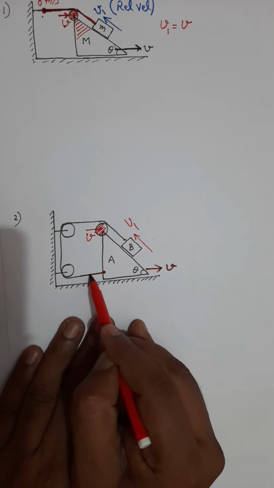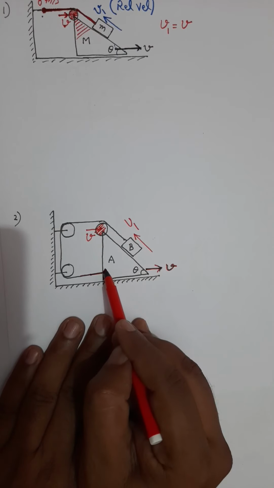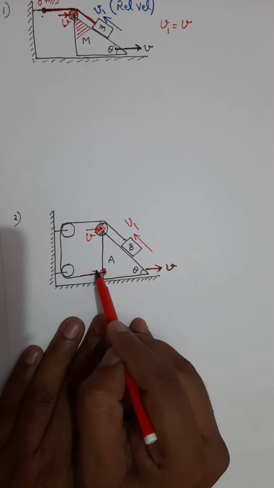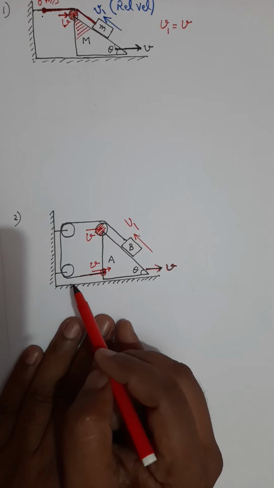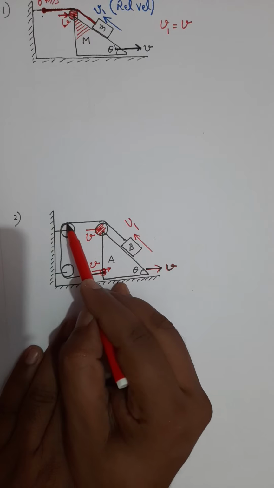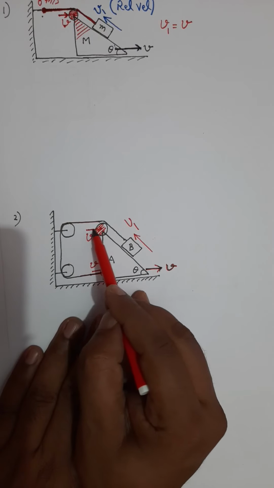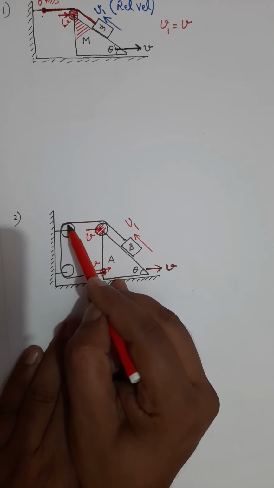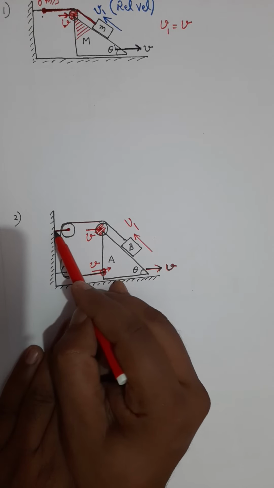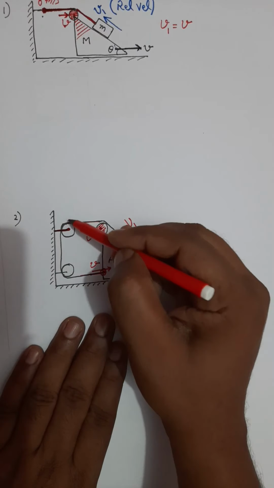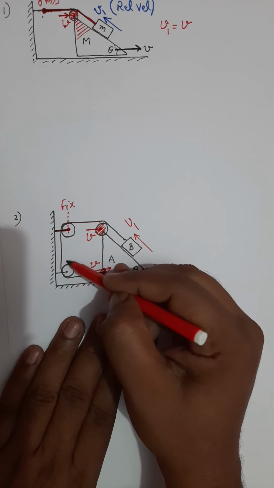So if this string is attached to the wedge and the wedge is going forward, certainly this point of string is moving forward with V velocity, right? So this portion of string, this pulley is going forward with V velocity, right? And here the pulley is fixed. This pulley is attached to the wall. It is a fixed point. So here we are at a fixed point.